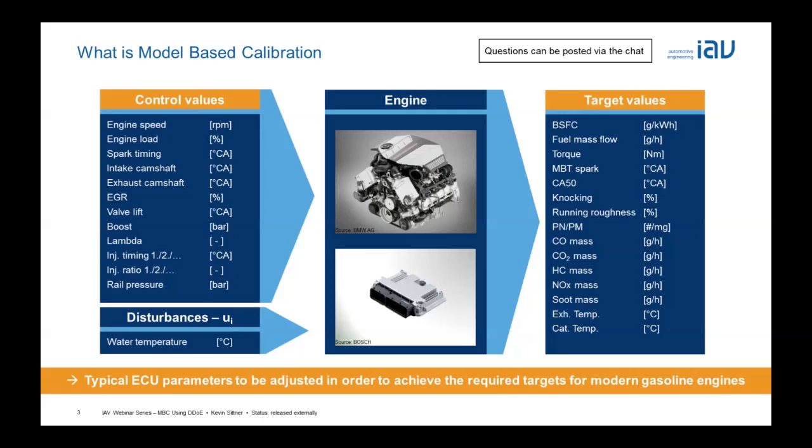To calibrate a model engine with its multiple control functions, it's important to optimize all control variables for the desired target values. This includes, for example, fuel economy or specific emission constituents. Model-based calibration allows for a multi-objective optimization and a good understanding of the trade-offs between fuel economy, emissions, and durability.